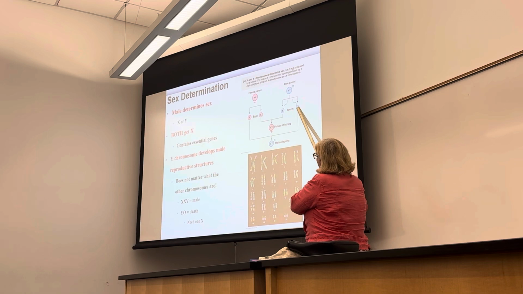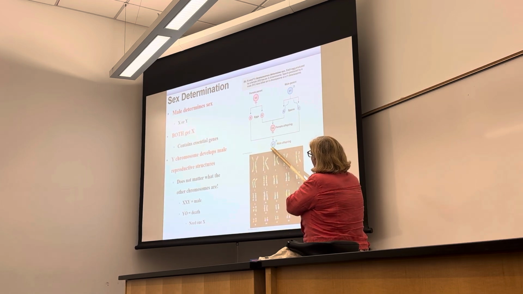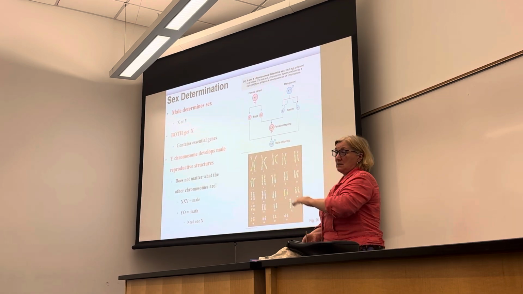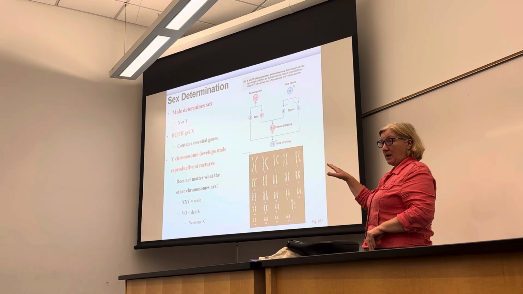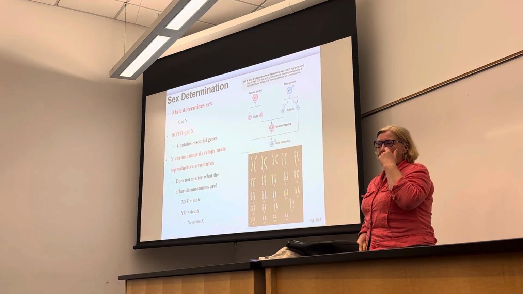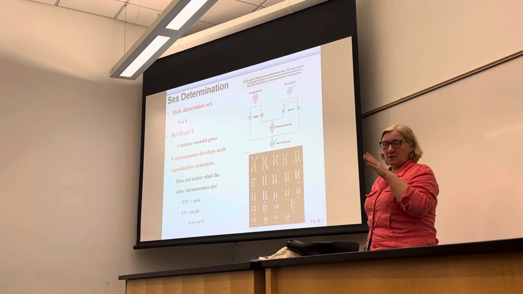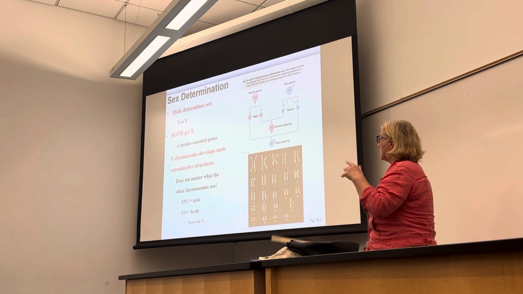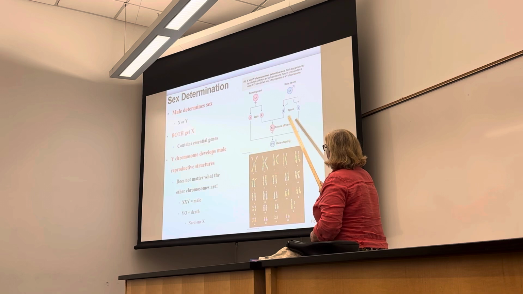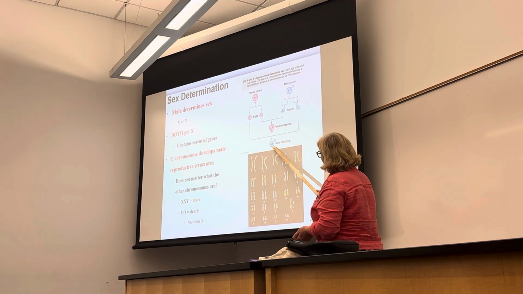If a Y sperm fertilizes the egg, we're going to have a male offspring. This is the most typical way that it goes, but we'll talk later about possible aberrations and abnormalities or alternative ways to send the chromosomes around. But this is the most frequently seen.